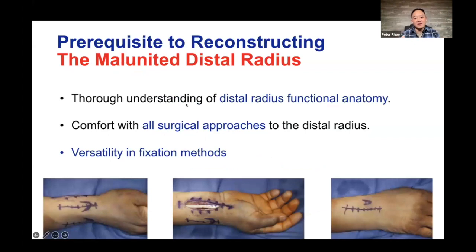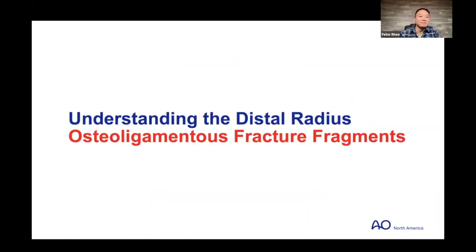To do that, you really have to have a good understanding of these fracture fragments, whether they're an acute fracture or you've created them. But these are osteoligamentous fractures, which I'll go into in a little bit. And then you really need to be comfortable going volar, radial, dorsal, ulnar even, and having a lot of different tools that you can use to stabilize these fracture fragments.